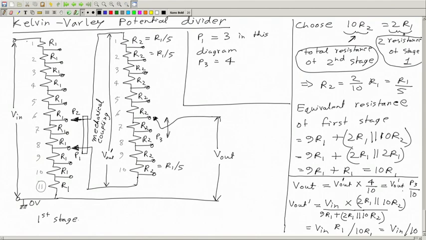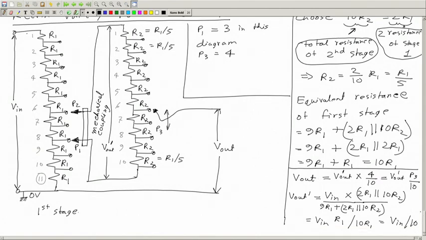Okay, then I have made a small mistake. So let me first call this potential, I have made a small mistake in here. So let me call this potential V out double prime, and this should be V out double prime.